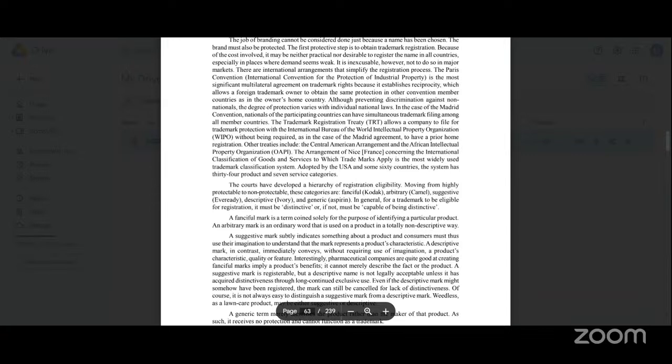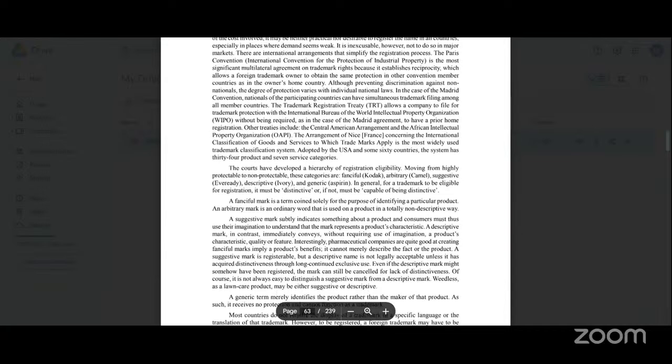The Paris Convention, originally named the International Convention for the Protection of Industrial Property, is the most significant multilateral agreement on trademark rights, introduced because of its capacity to establish reciprocity.